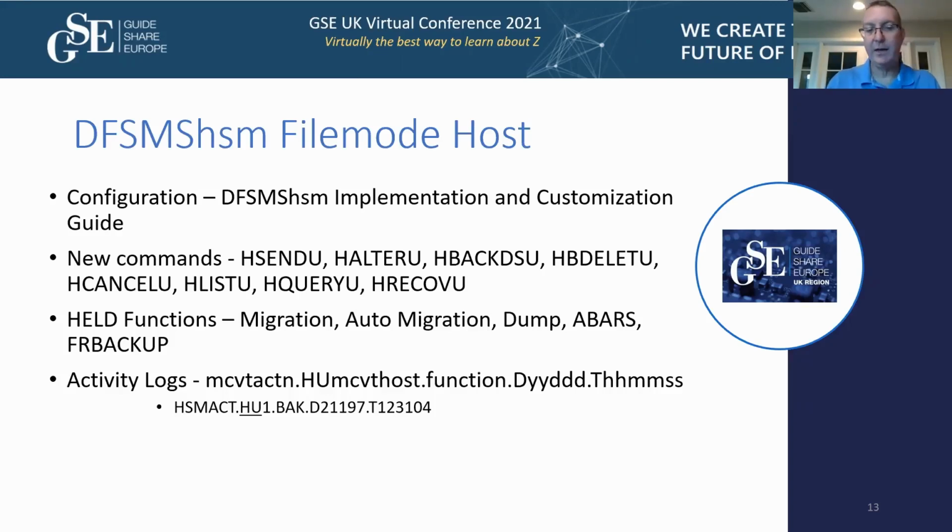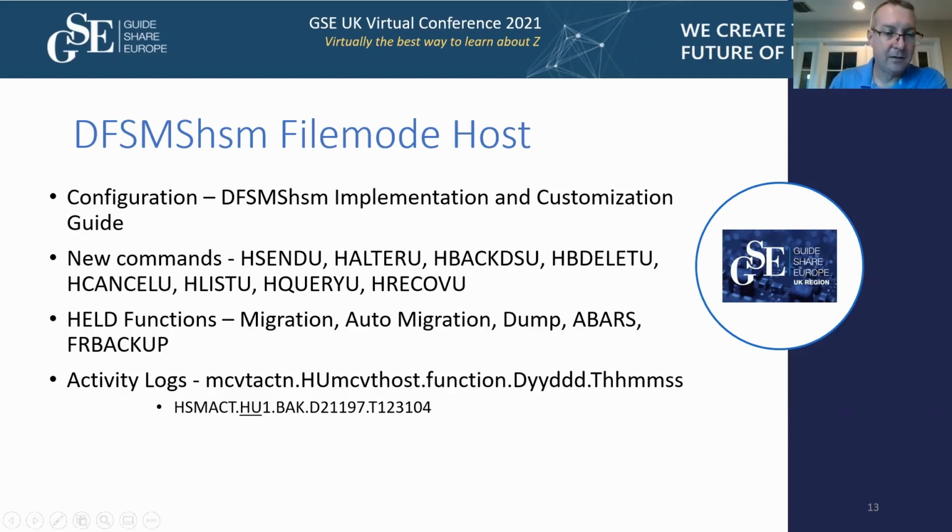If you send a backvol command for a volume to the file mode host, it'll fail it with an error message saying this is a file mode host, I don't do data sets. Likewise, if you send a backds command to the classic host for a Unix file, it'll fail that and say I don't process Unix files.